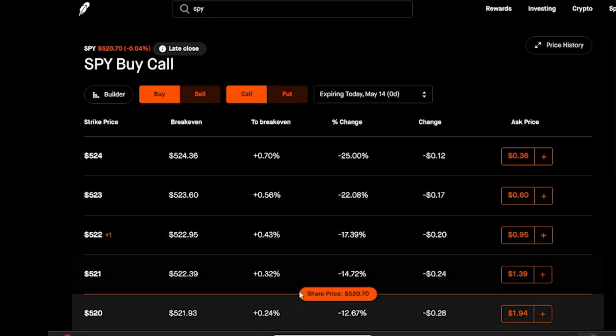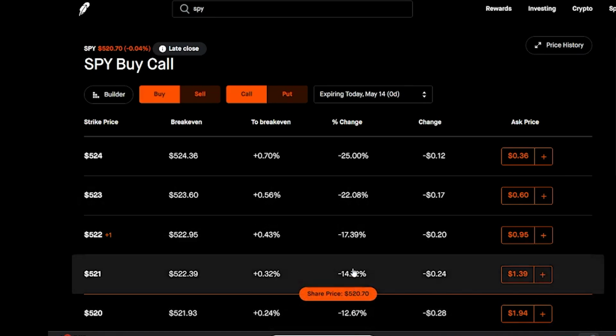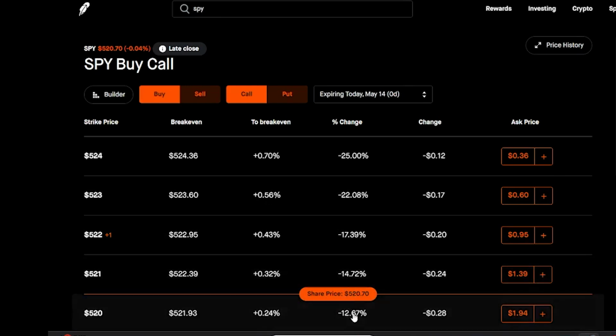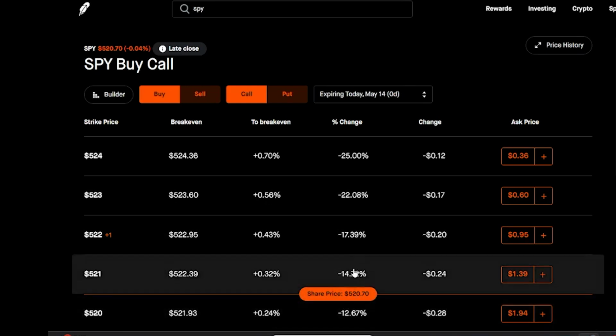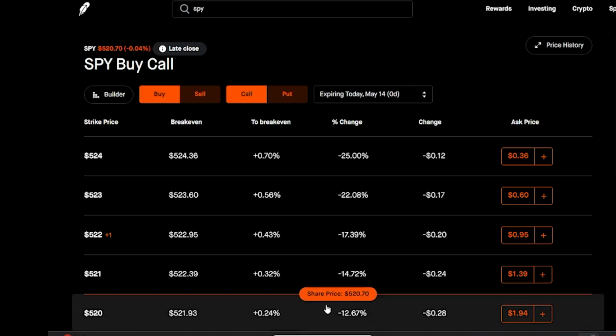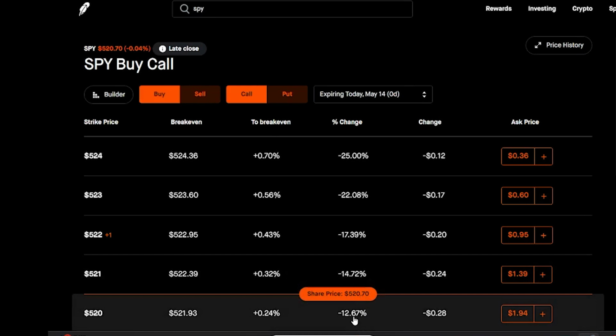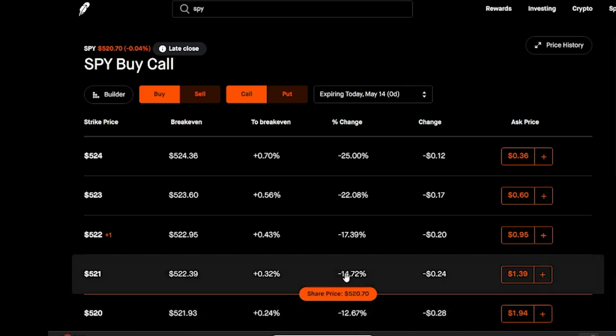This line here indicates the current share price. So anything here or here is going to be considered in the money. The in the money options are options that are close to the actual underlying asset price right now, and as you see, the price right now is 520.70. So this one is going to be really close. This one is close, but not so close.